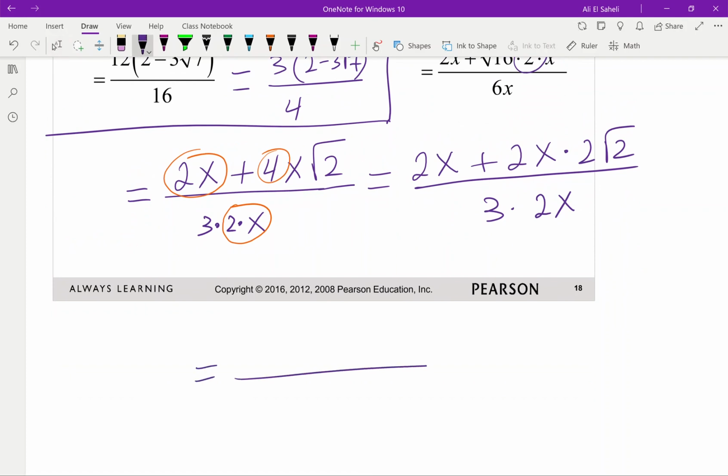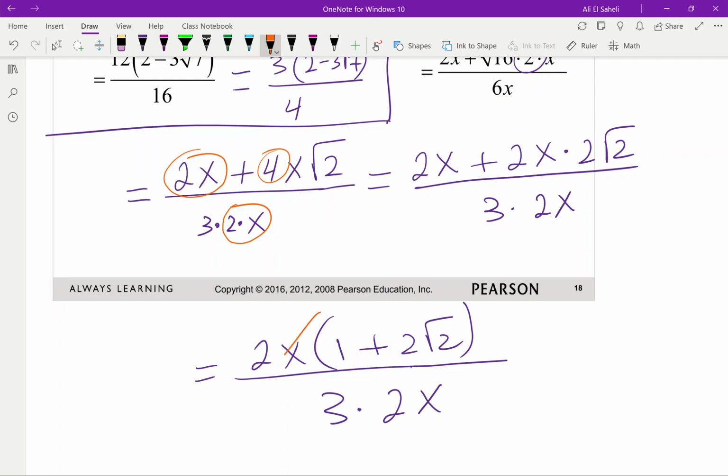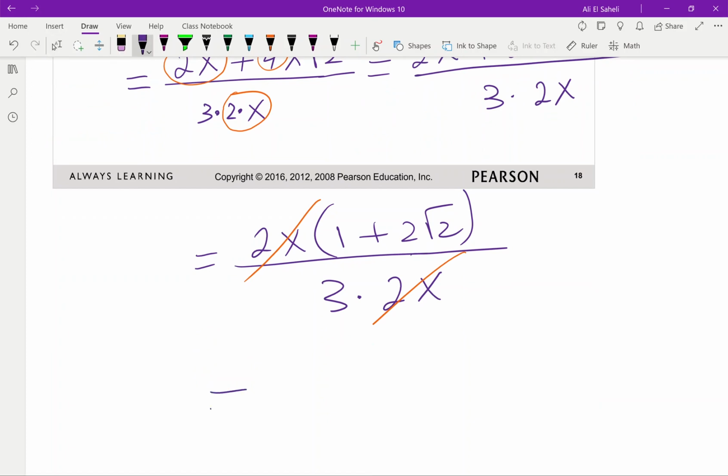So this is 2x into 1 comes from this plus 2 radical 2 comes from this, divided by 3 times 2x. Now this goes with this, and the simplified form is 1 plus 2 radical 2 over 3. So it turns out there is no x in this expression.